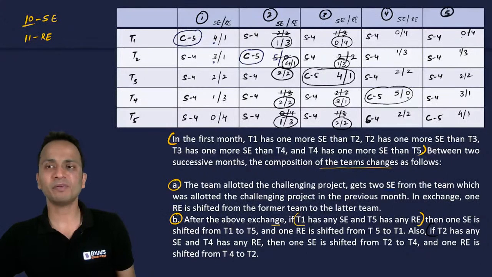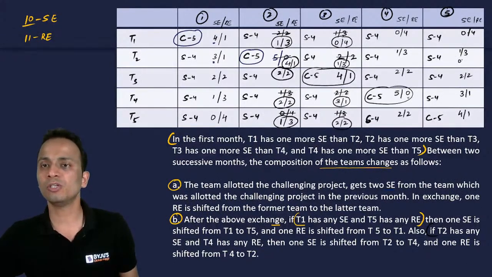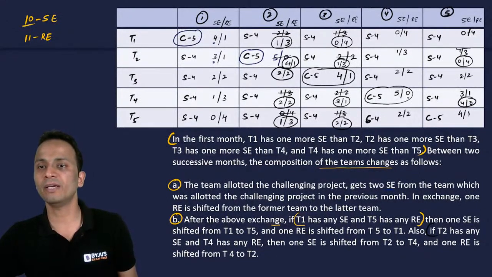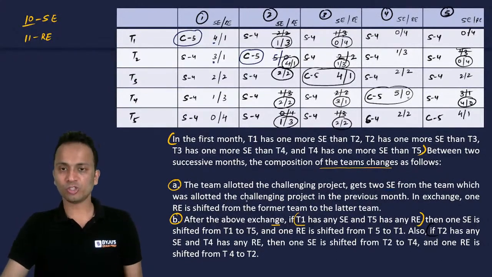Again, between T1 and T5 exchange will not happen because T1 does not have SE. Okay. And for team 2 and team 4, yes, exchange will happen because they both have SE and RE. So 0, 4 is the new composition and 4, 0 is the new composition for team 4. Okay, so that's it. The question is over.